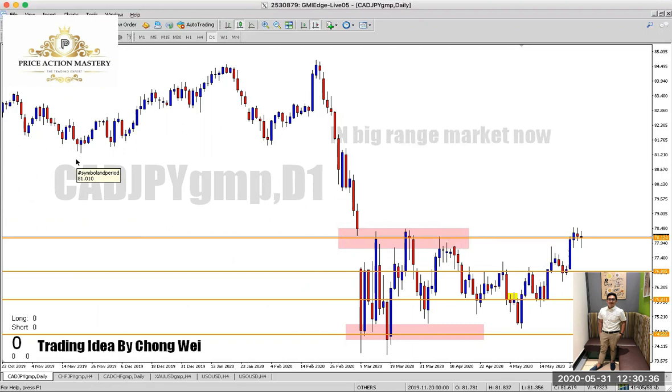US oil increasing in value will give an impact to CAD because US oil production is in Canada. So when the US oil value increases, it will also increase the price of CAD. So for CAD currently, I'm seeing more upside than downside.